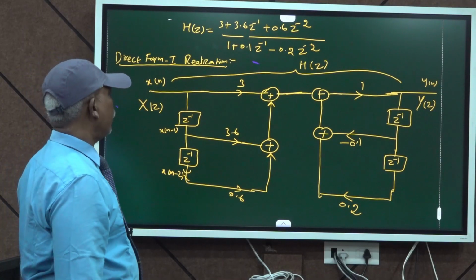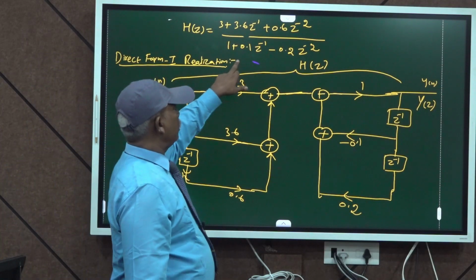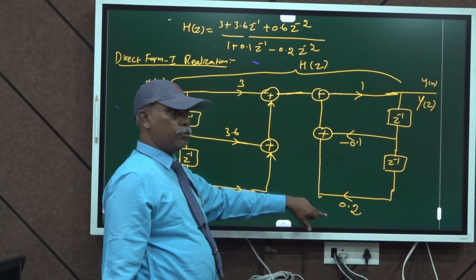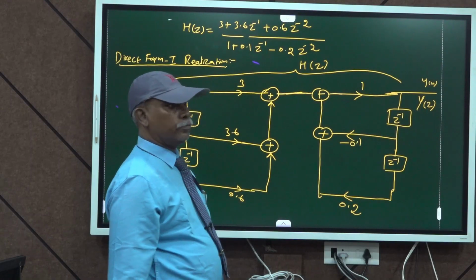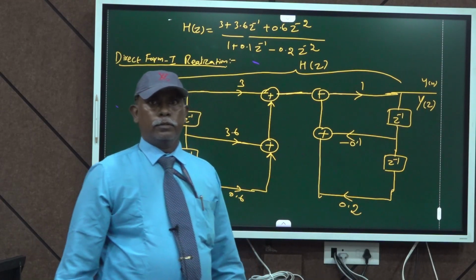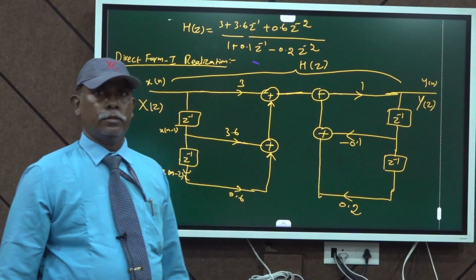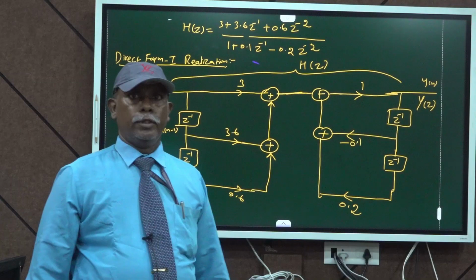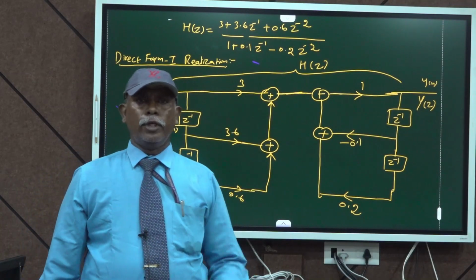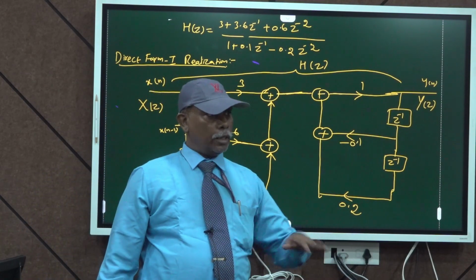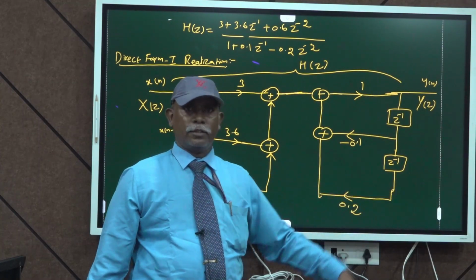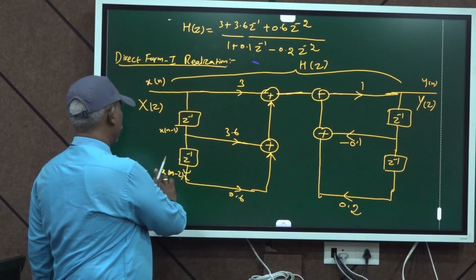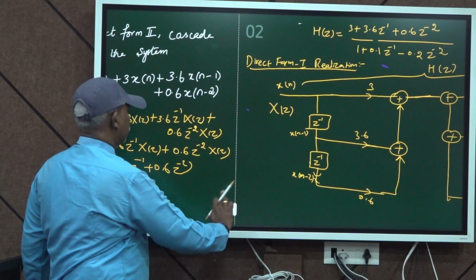Now I tell you why. In the denominator, where the coefficient is plus 0.1 I put minus 0.1, and where it is minus 0.2 I put plus 0.2. The reason is that we always want the current output, y of n. So y of n is taken on one side, and you take all the other terms to the other side. Let us go to the previous page of our design.